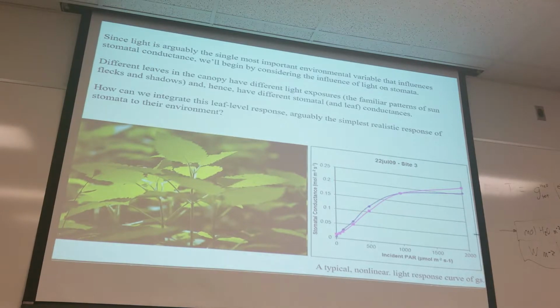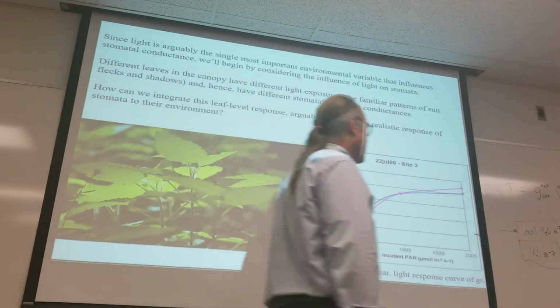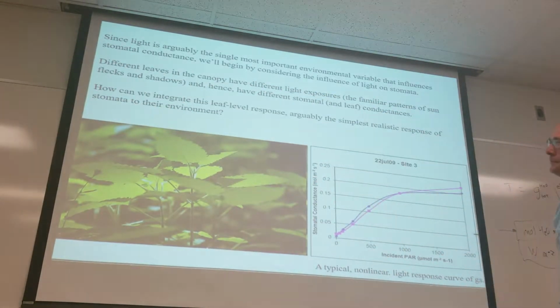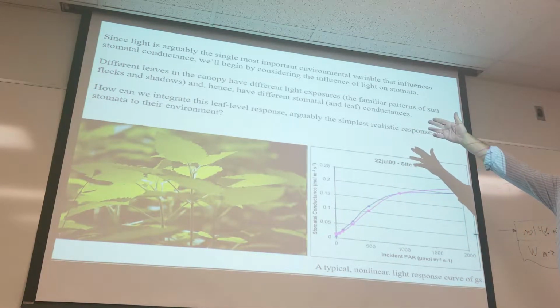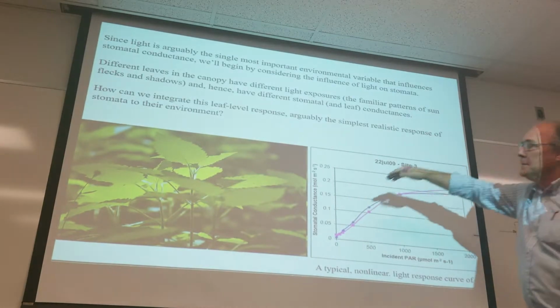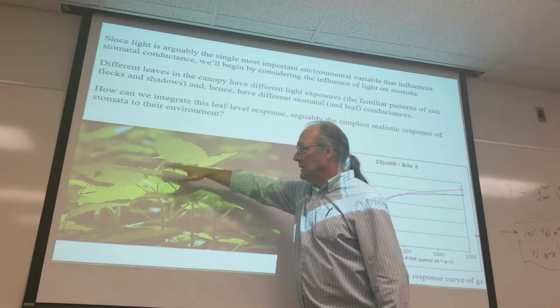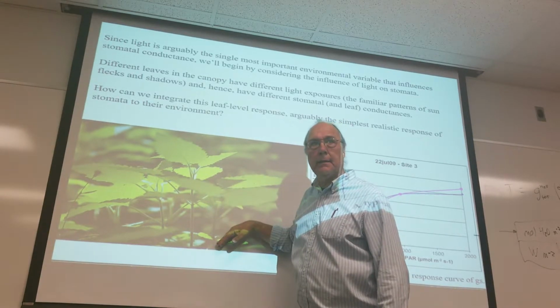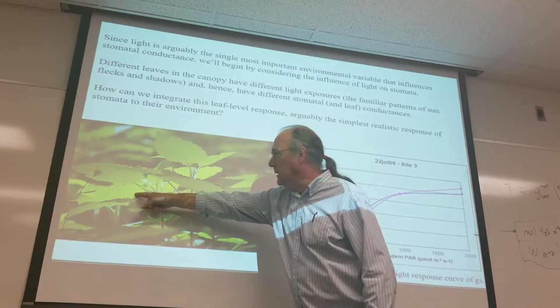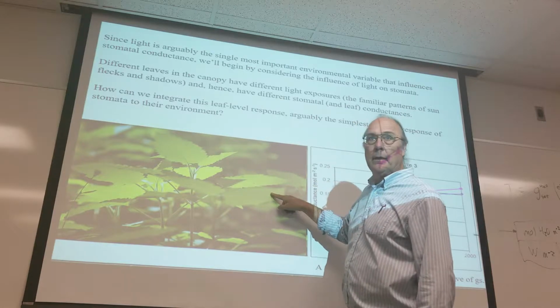Here, let's focus not just on this canopy conductance. How are we going to do it? Light's arguably the most important environmental factor that influences stomata. Different leaves in the canopy and different parts of the leaves have different exposures to light, right? Some of these leaves are lit up, some are in the shade.